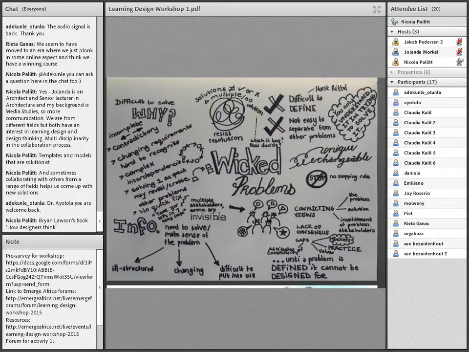Wicked problems are seen as the opposite of tame problems. Tame problems have a quick fix. So there's no template for taming your wicked problem in 7 easy steps. That's why they're so hard to solve. Another reason is because there are multiple stakeholders.